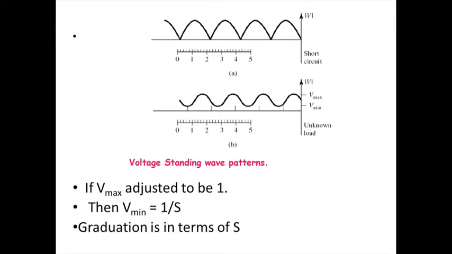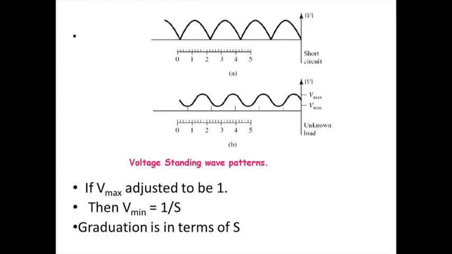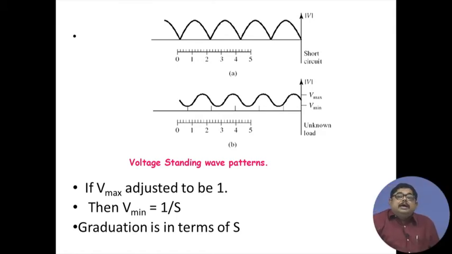Now, to make a VSWR measurement, you need to do a calibration. First you find, when you have connected the load, what maximum voltage you are getting. There are gain knobs and others in the VSWR meter, so you adjust V max to 1.